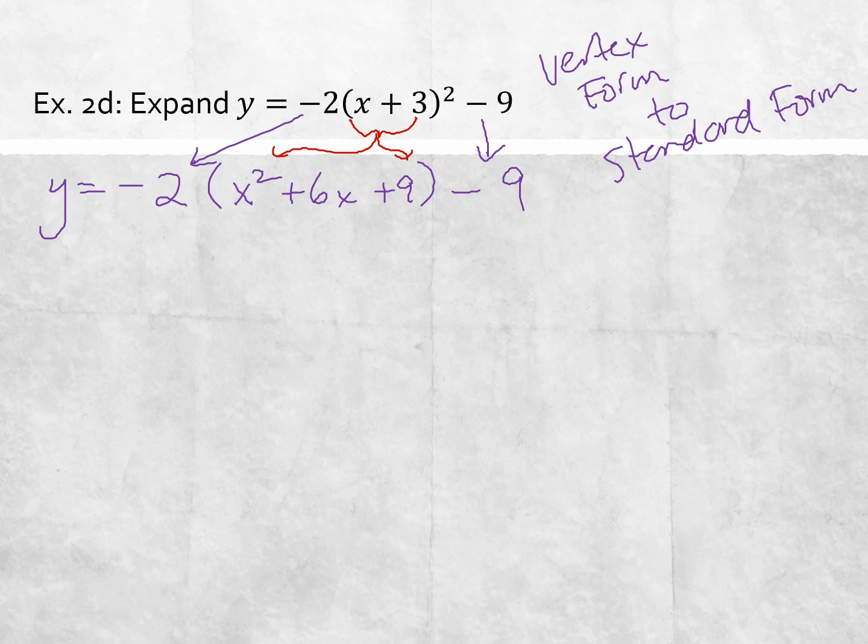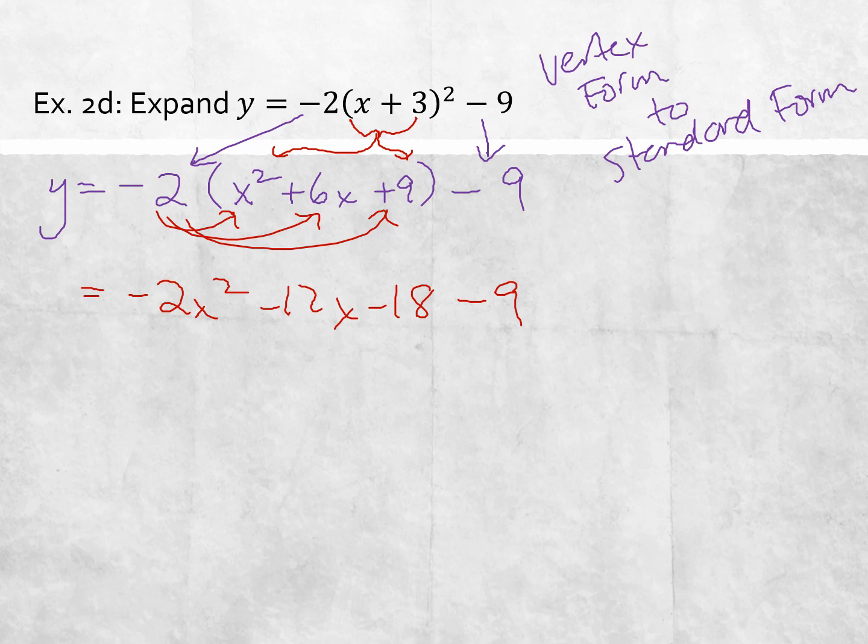Just like last one, our next step, distribute that into everything. So negative 2x squared minus 12x minus 18, and then don't forget about that negative 9 on the back end. Collect like terms. Negative 2x squared minus 12x minus 27.